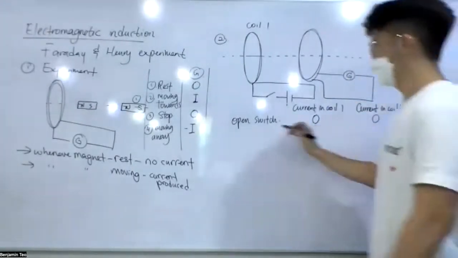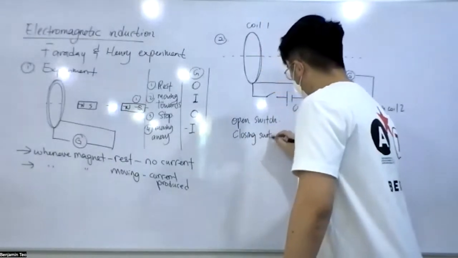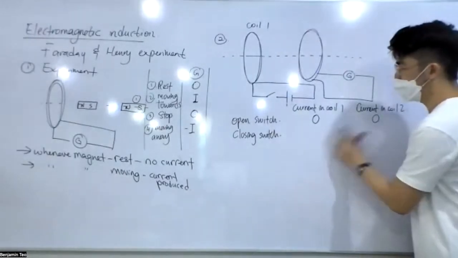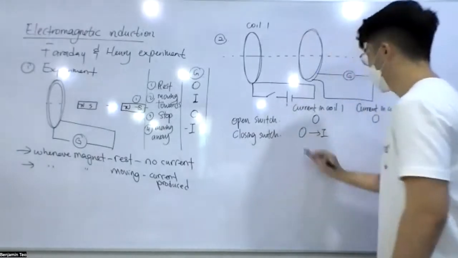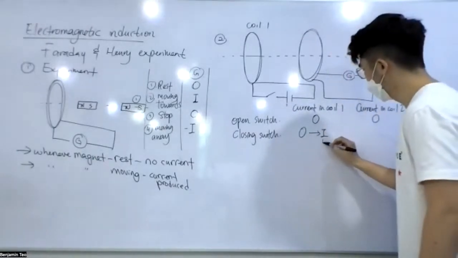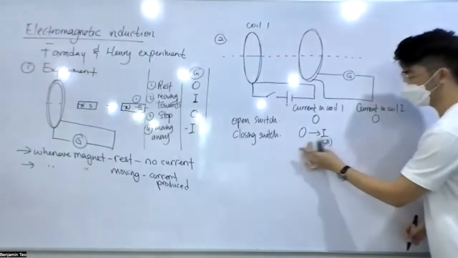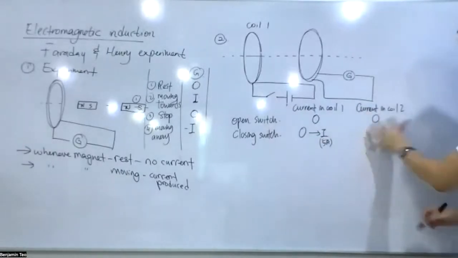0. Closing switch. When you close the switch, there is an increase in the current from 0 to a certain value. Say 0 ampere to 5 ampere. The increase in the current from 0 to 5 here, then what do we see here?